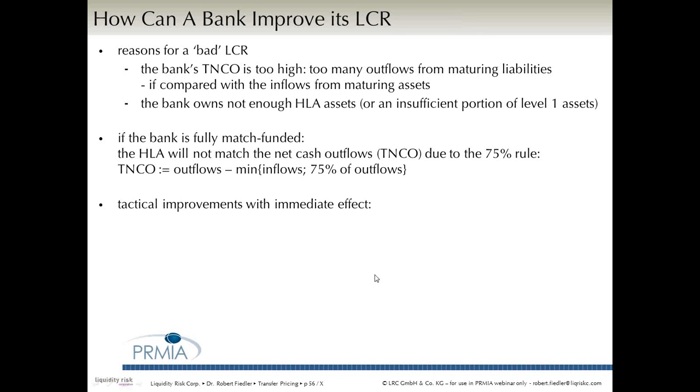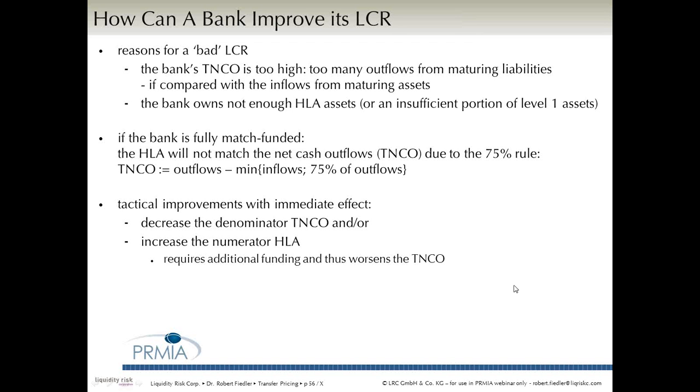What are the tactical improvements? You can decrease the denominator or increase the numerator. The problem is, if you buy more HLR, you worsen your TNCO because you have to refinance them.